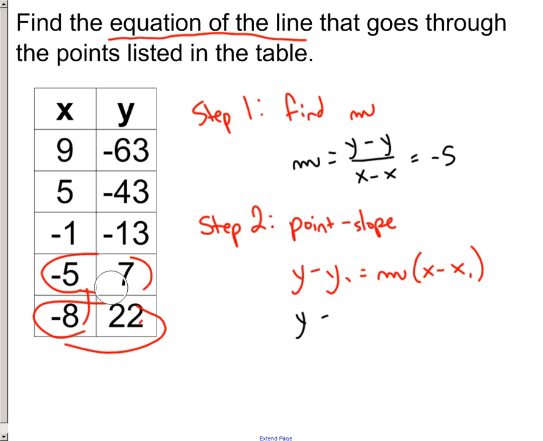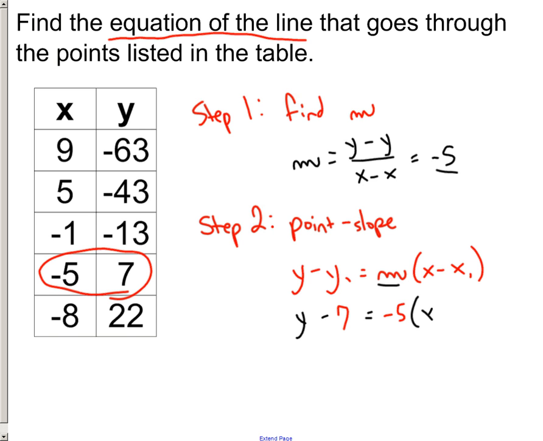Again, you can use any point that's on here, but if you use a y, you have to use its x. So let's just use this one right here because I like that +7. Y minus 7 equals, what's our slope? Our slope is -5, so that's going to be put right here. And x1, since we used the 7, we've got to use the -5.